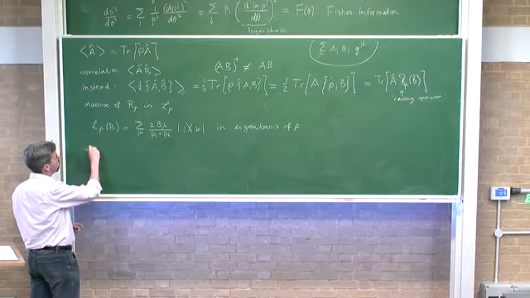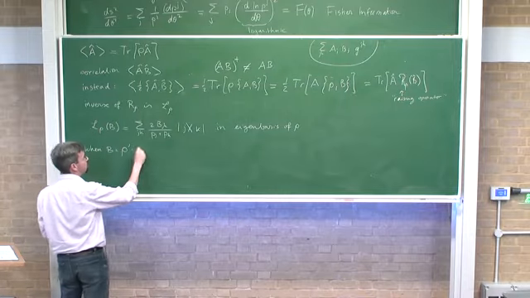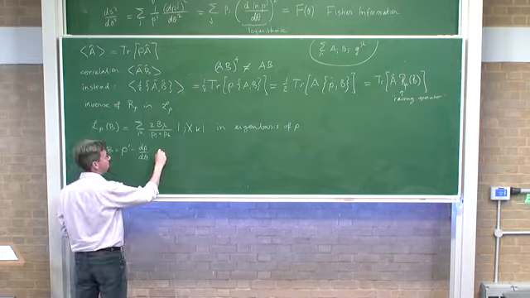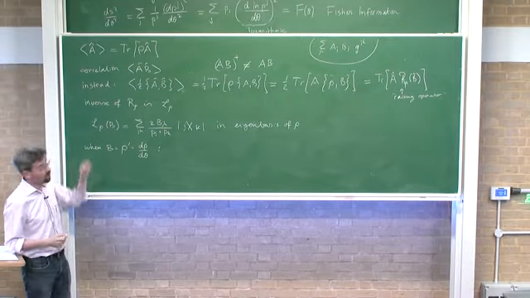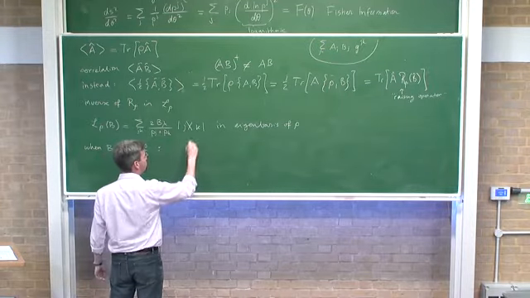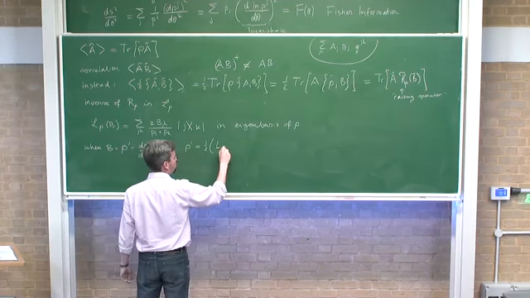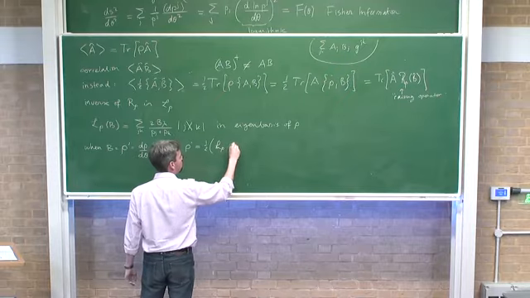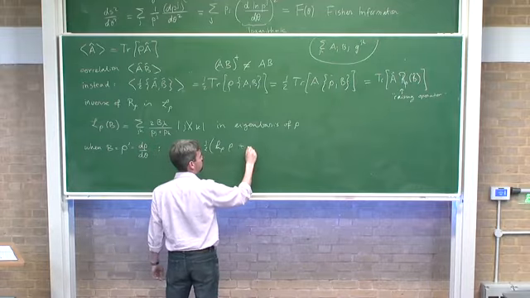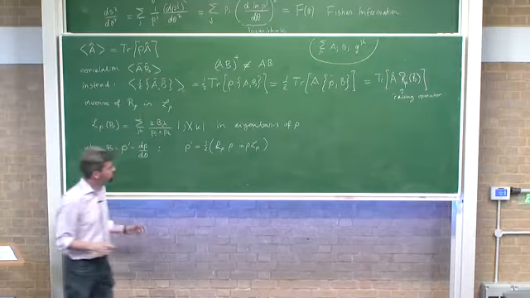So when B is rho prime, which is d rho d theta, there's another form for L that is used a lot, and that is rho prime equals 1/2 of L rho plus rho L. So this is not acting on, but this is an anti-commutator.